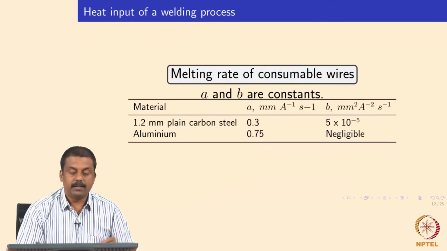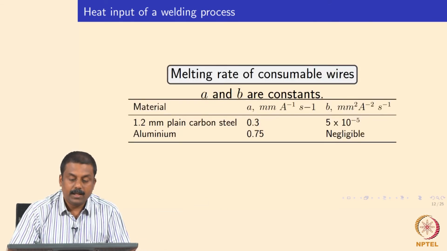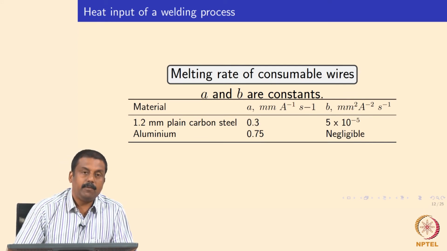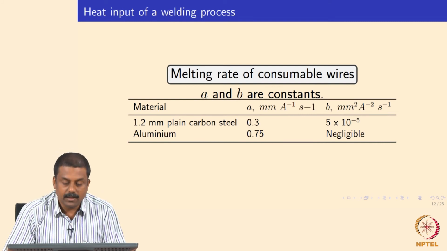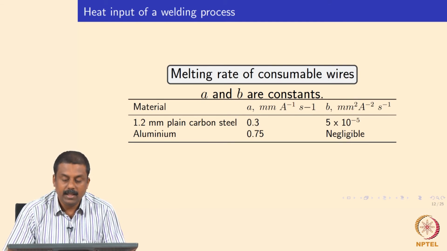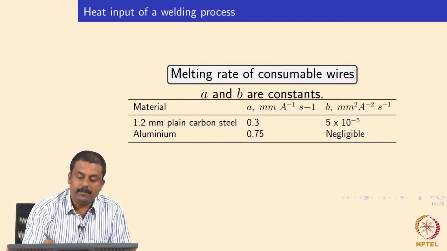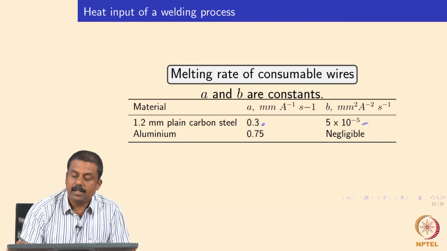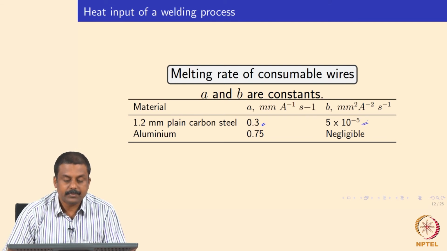I have given some of the constants. A and B are given for commonly used welding wires. For example, for a 1.2 millimeter plain carbon steel filler, we can get A and B calculated from experiments. For example, A varies around 0.3 and B is 5 times 10 to the power minus 5.